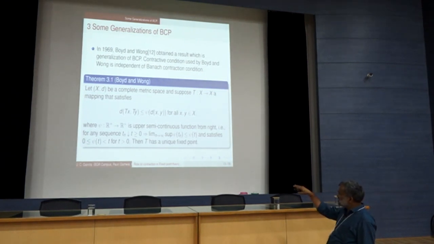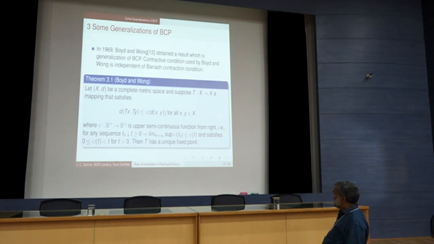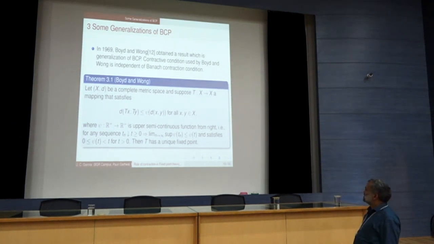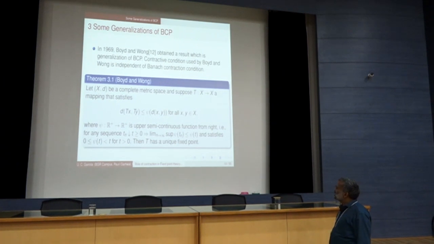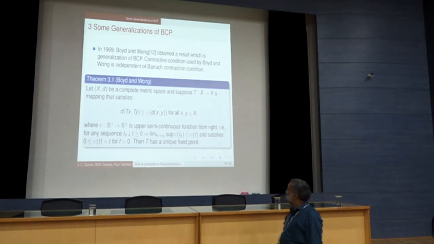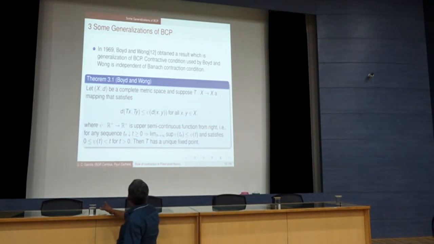The theorem is stated like this: if (X, d) is a complete metric space and T: X to X is a mapping that satisfies this condition, where psi is a function from R plus to R plus that is upper semi-continuous from the right, that is, for any sequence t_n converging to t, the limit of psi(t_n) is less than or equal to psi(t), and psi(t) is between 0 and t for t greater than 0, then T has a unique fixed point.